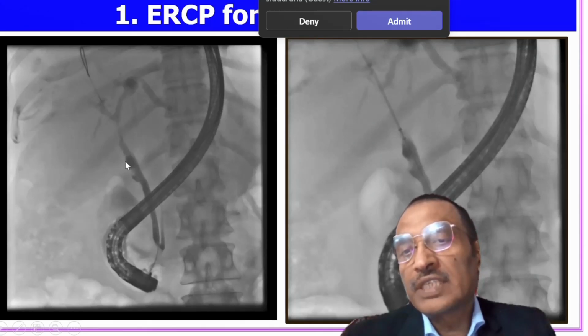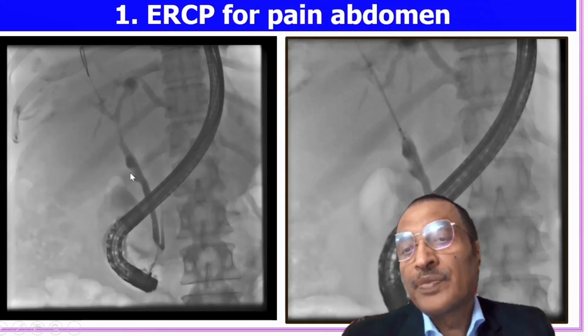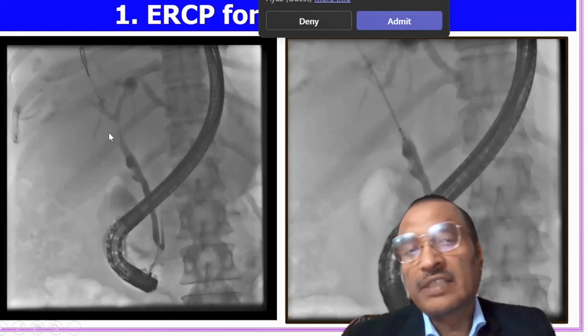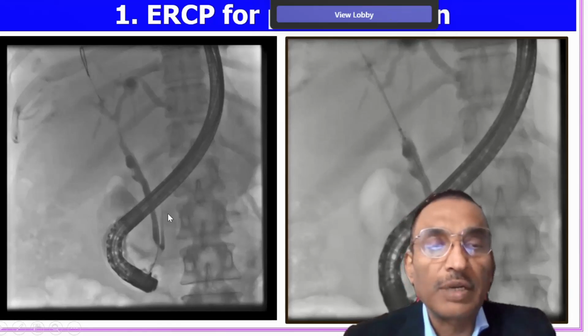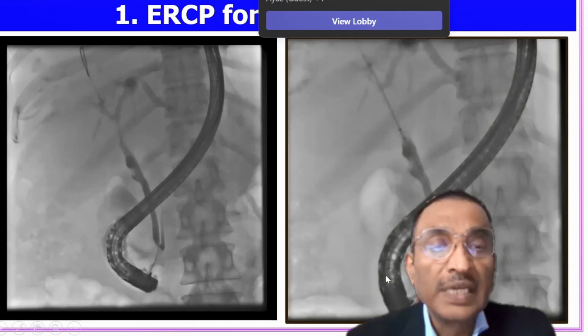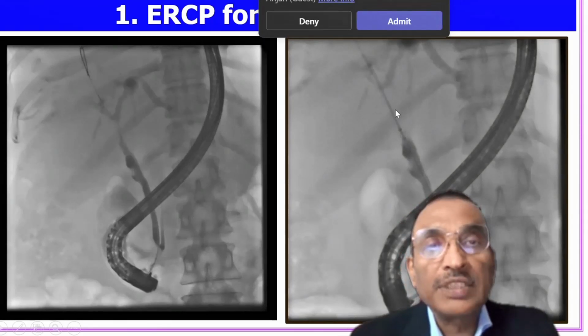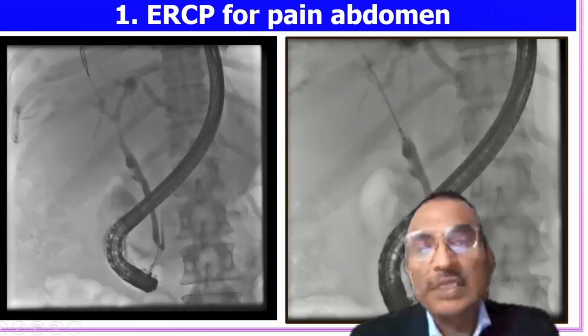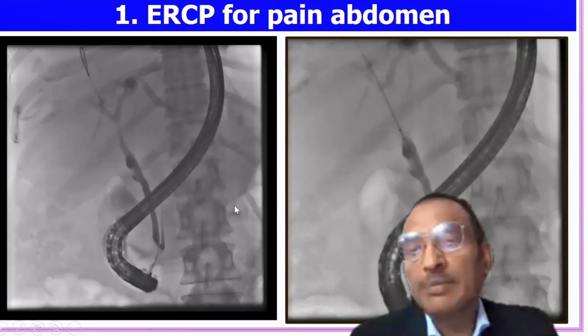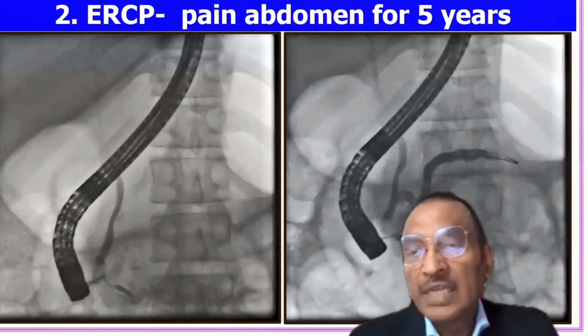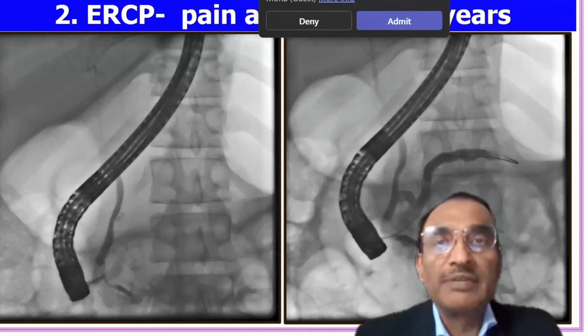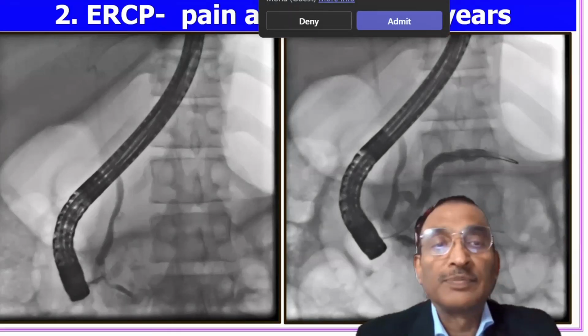Here you are seeing a crescentic filling defect, and here you are seeing a stricture. So this was actually a case of carcinoma gallbladder, but no guesses for recording this one. But the long common channel is also very important, because the treatment will depend on that.